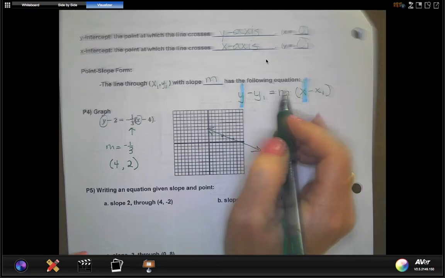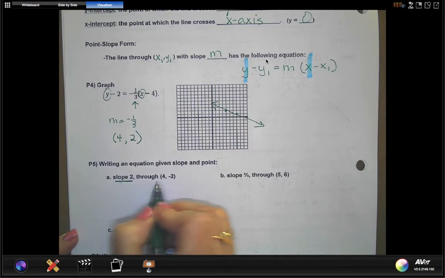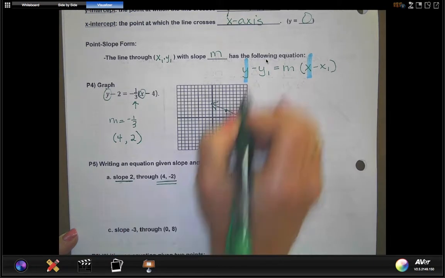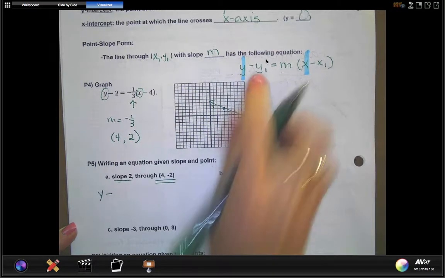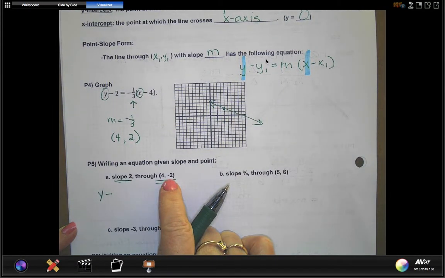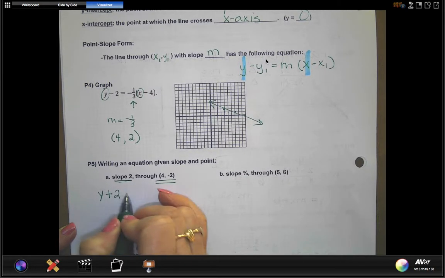What's nice about point-slope form is that you can use the equation if you're just given a slope and a point. So to write the equation, I would just do y minus my y value, which in this case is a negative 2. So it's y minus a negative 2, or y plus 2.